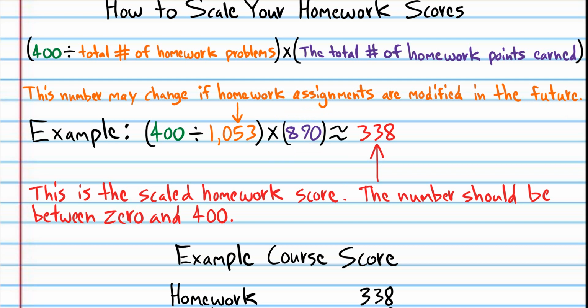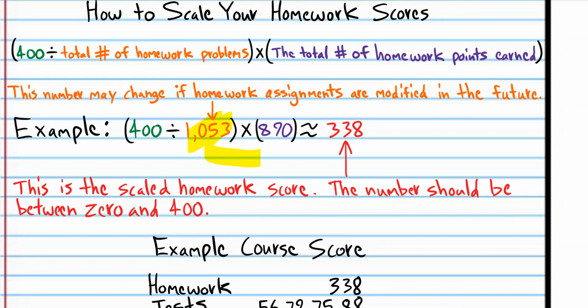So let's say I got 890 problems right out of the 1,053 in the homework. I take, again, 400 divided by the total number of homework problems and then multiply that by the number that I got right, and in this specific example, my homework score, the scaled score, is 338.